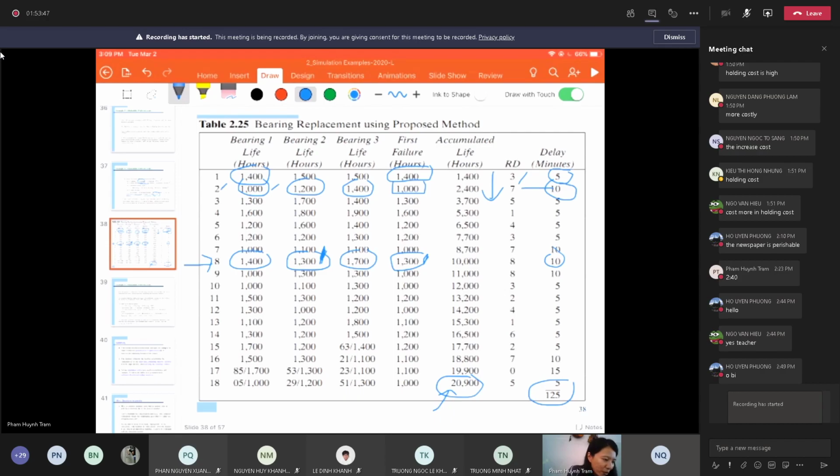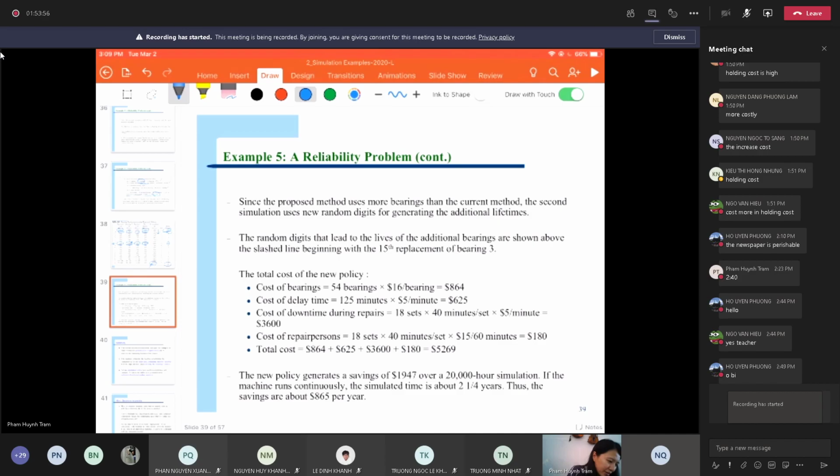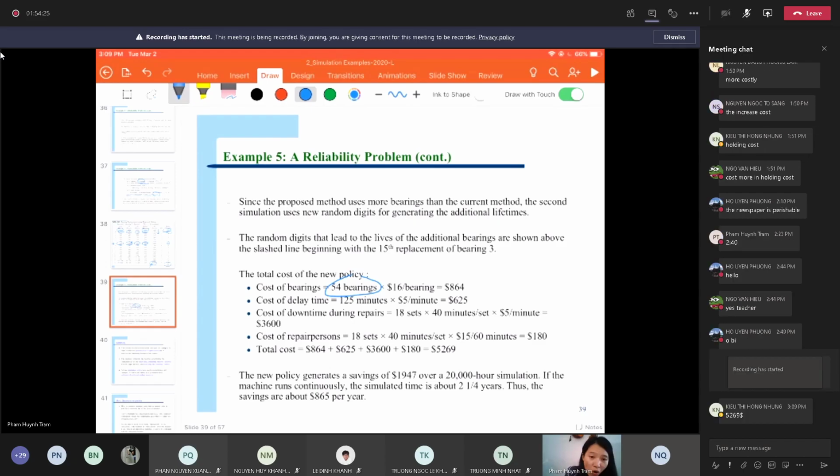So we can count how many bearings we replace in the 18 cases. It will take us about 54 bearings in total. Compared to the first policy, where we only had to replace 46 bearings. So it costs more in terms of changing the new bearings.